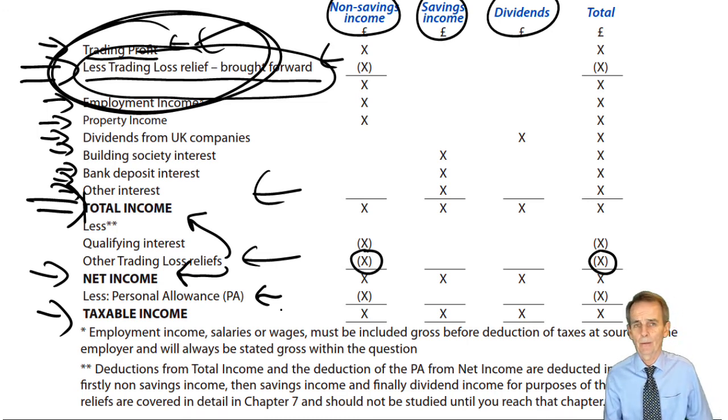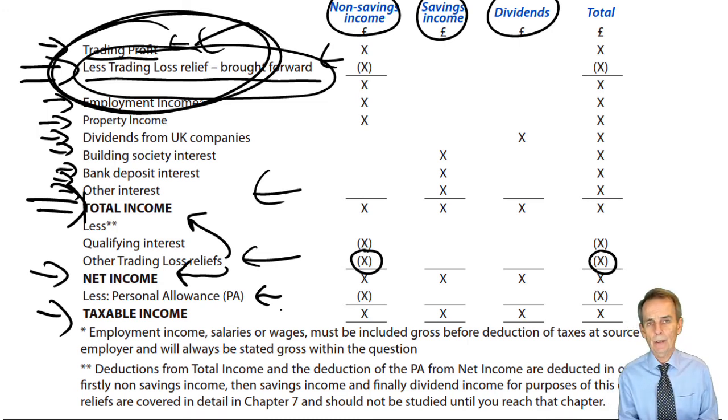And what you'll have done is to use a loss relief that may have had alternative options for its use. You've used a loss relief to go against income, some part of which wouldn't have been taxed anyway, because it would have been covered by your personal allowance. And therein lies the problem of the current and carryback claims. They go against total income if the loss is bigger than the total income.